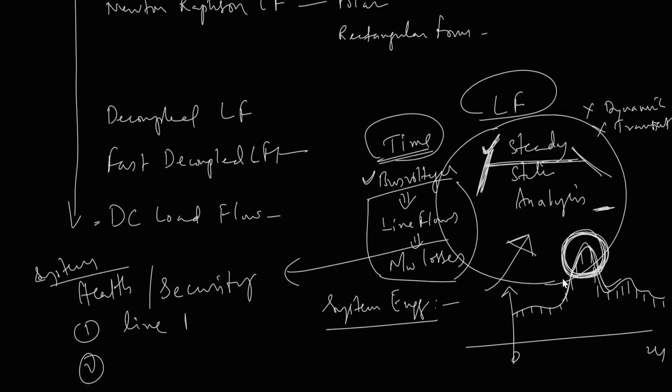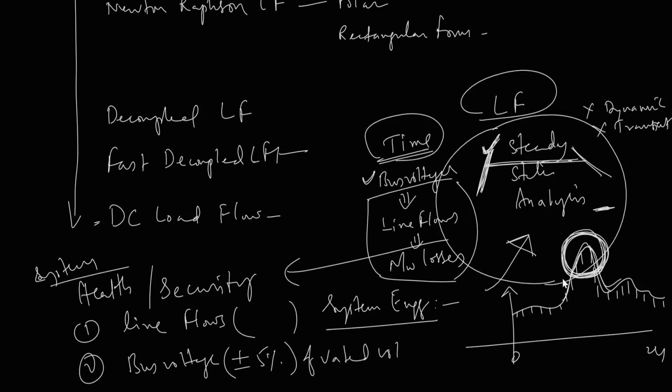Line flows should be less than their capacity, and bus voltages should not deviate more than some prescribed value, 5% or whatever it may be, of rated voltage. If any of these two conditions is violated, then my system health is deteriorating.